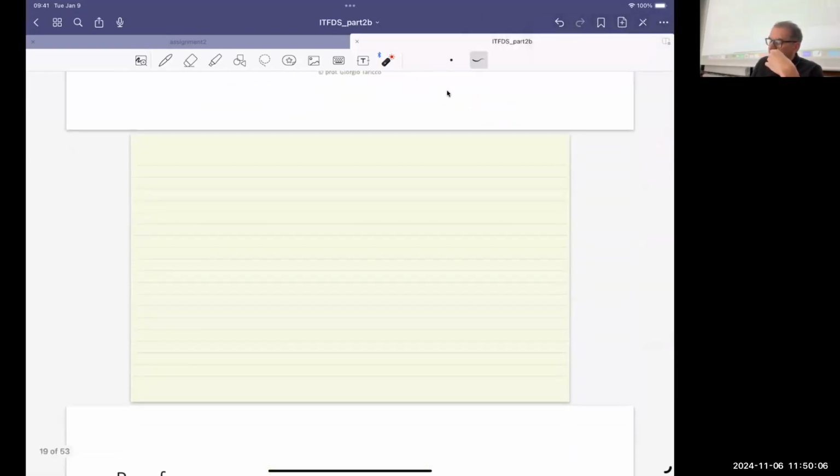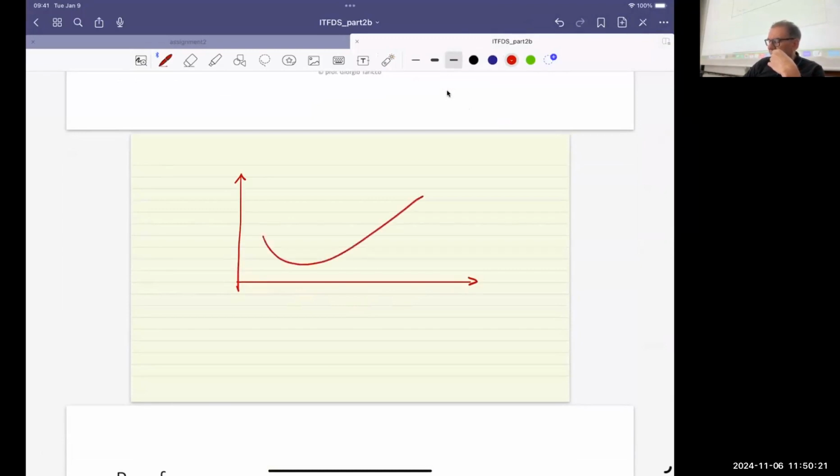Maybe this is redundant, but it's worth telling it just in case somebody doesn't remember immediately. If we have a function like this, let's say that this is f of x, then the minimum is in the point x0, and this point here, the minimum point, has coordinates x0, f of x0.